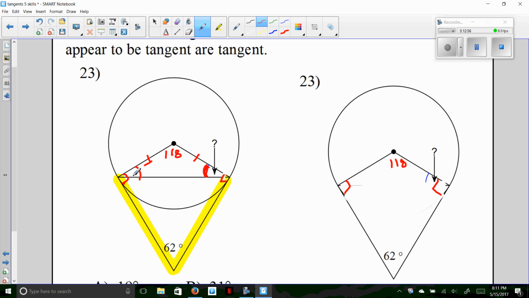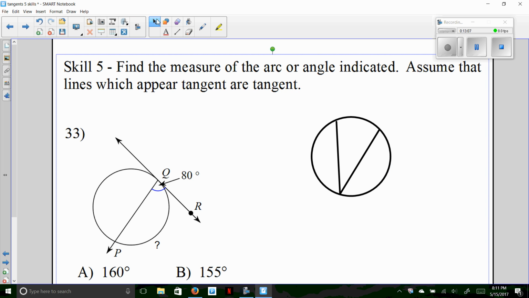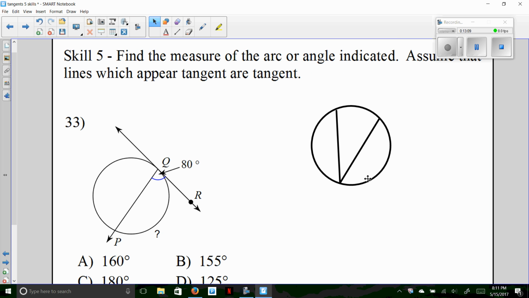So now what you have to see is that the arc will not go out here. We're used to seeing it go from endpoint to endpoint. I'm sorry, this angle here, its arc actually goes into the angle. It's kind of weird looking.